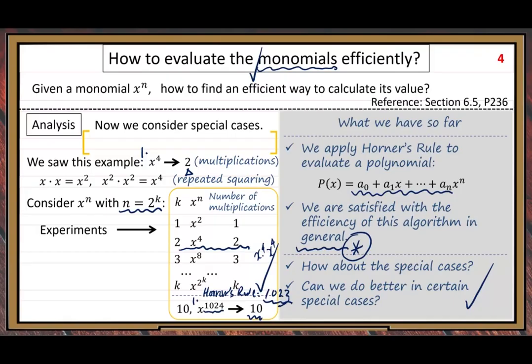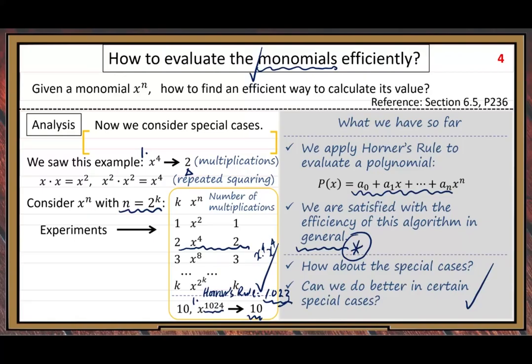So that means when you have special polynomials, you should try to take advantage of the structure of your coefficients. So that tells us, the general case, the special case, when you determine if you want to apply Horner's rule or not. So you need to think a little bit.